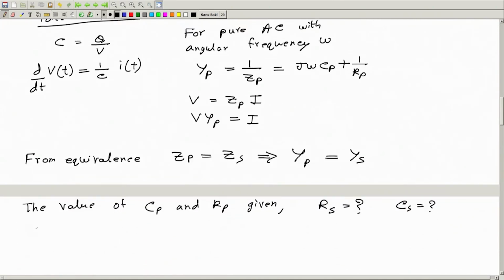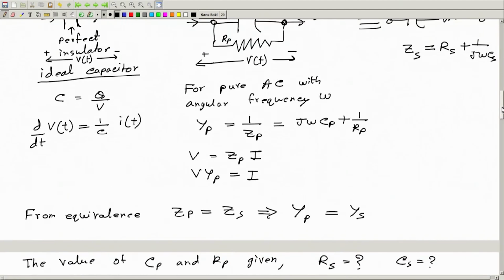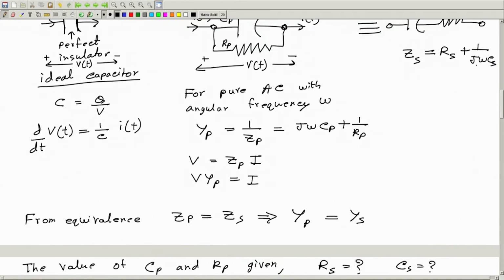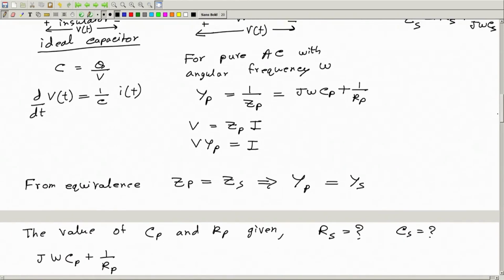Okay, so we can write Yp is equal to j omega Cp plus 1 over Rp, and 1 over Zs is Ys.